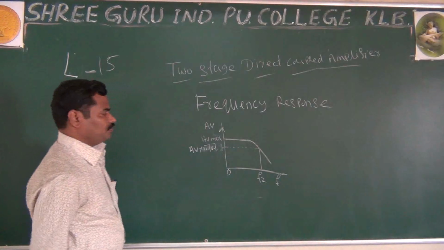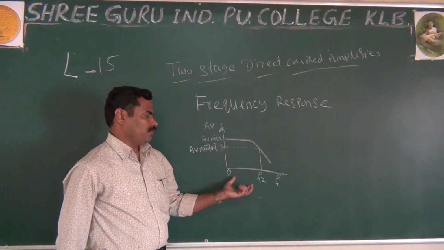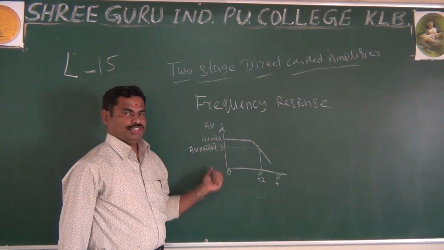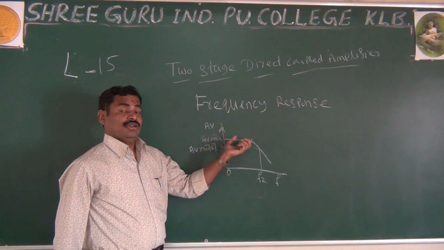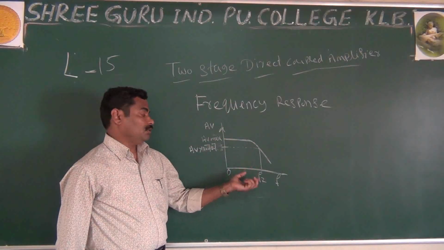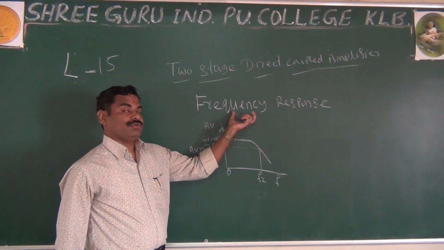It means you are studying about the frequency response. For different frequencies, what is the voltage gain? That is given by the frequency response. It is also called the graphical representation of frequency versus voltage gain.